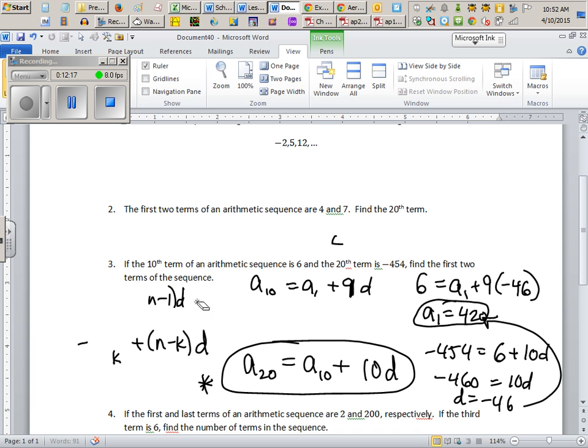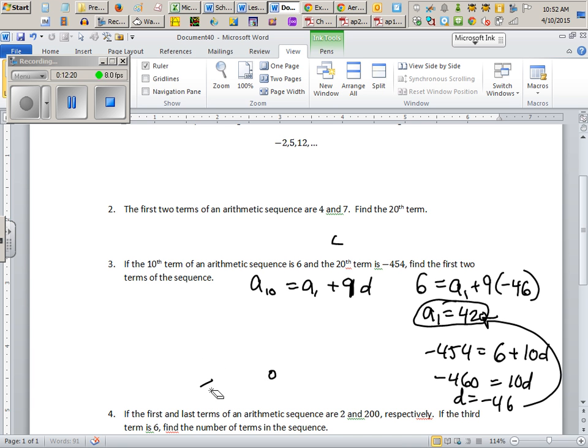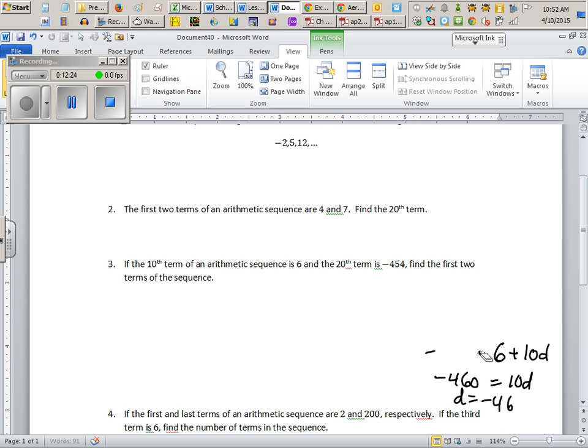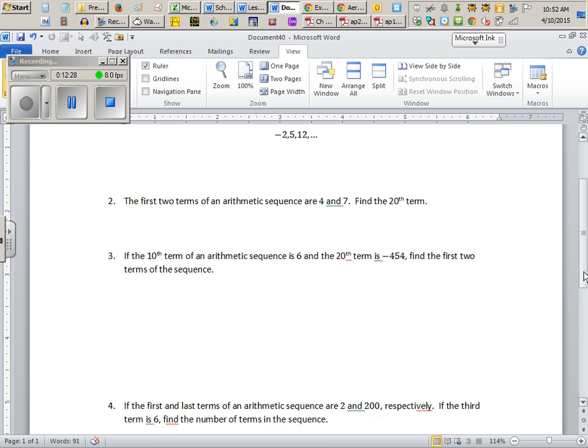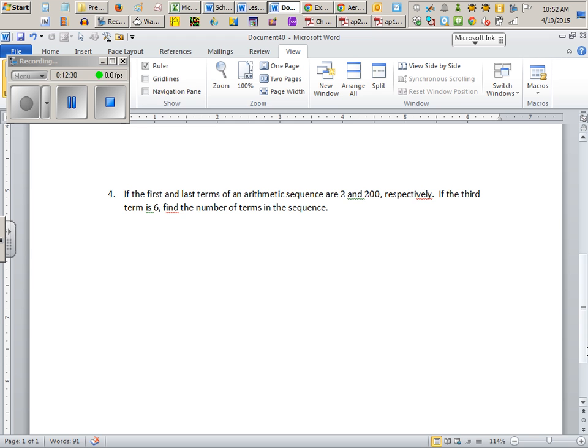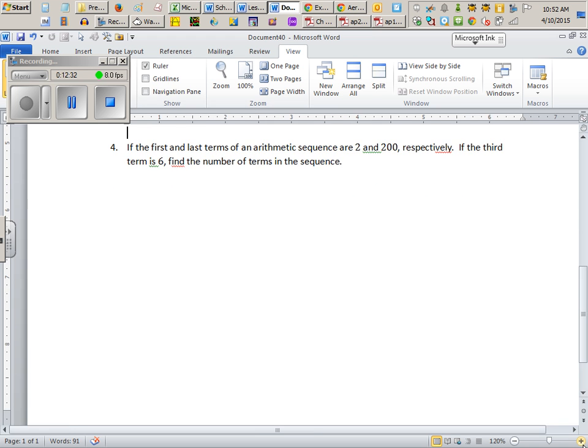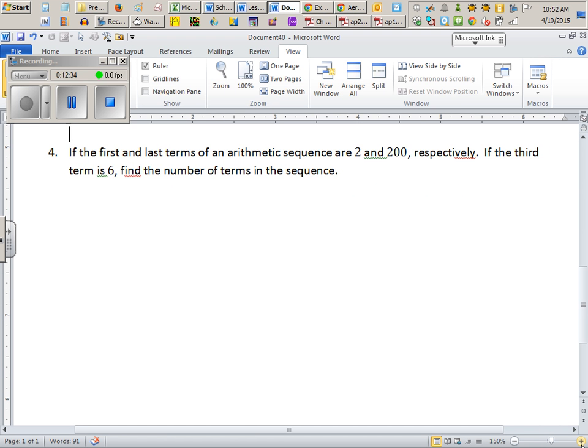Anyone think they have their answer for number 4? Anybody? Going once? Okay. What did you have, Justin? N equals 100. Okay, I actually saw that on more than one person's paper. So you want to justify that? I put a sub 3 is equal to a sub 1 plus n minus 1 d.